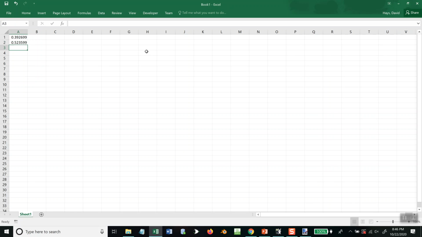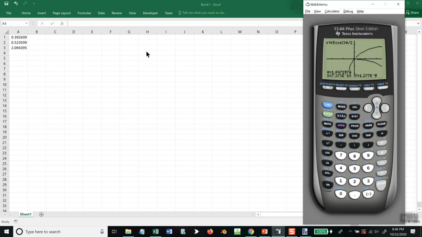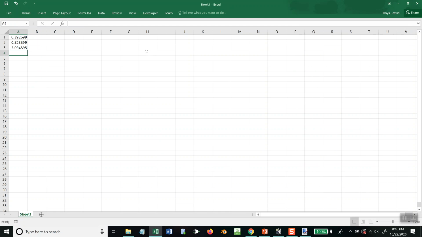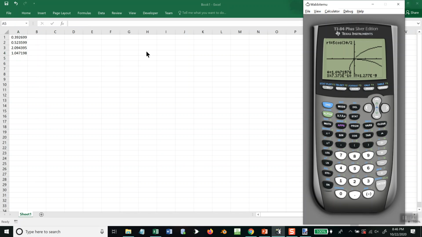It's over on that side. Something greater than pi over 2. pi over 6, 2 pi over 6, 3 pi over 6, 4 pi over 6. Oh, I'm just like really hitting that. What's that? Pi over 3. That's it, pi over 3, isn't it?